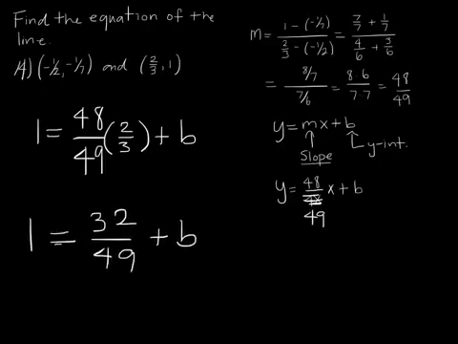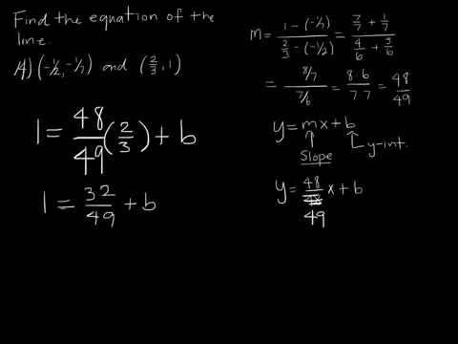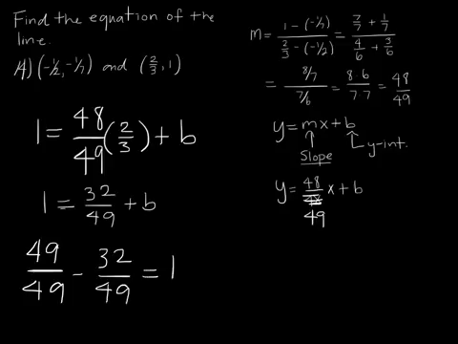And moving the 32 over 49 to the other side, I get 49 over 49 minus 32 over 49 equals b. Notice I changed the 1 into a 49 over 49, so I had a common denominator. And this gives me 49 minus 32 is 17, over 49 should equal b.